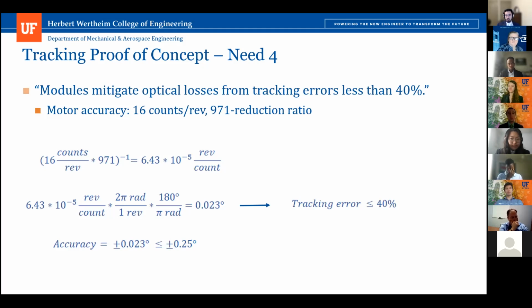Yeah, we just determined that the accuracy was a function of, one, the ability of the tracking system to actually point in the right direction, and then also the ability of the reflective material to reflect light specularly rather than disperse it. Okay, so what do you interpret that tracking error less than 40% to mean?